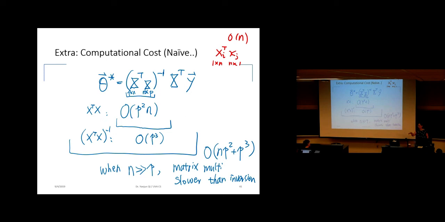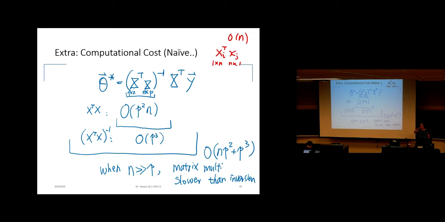And how many of these row versus column products are there? Think about it. It's 1 times n times n times 1, so this is O(n), this is correct.